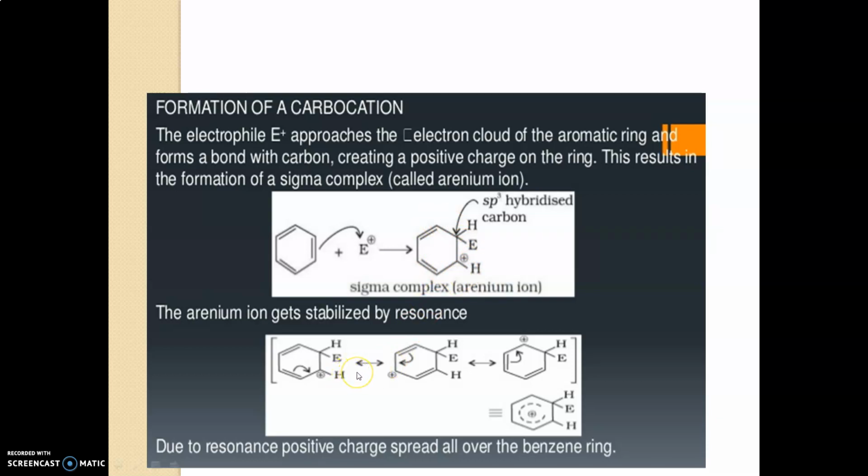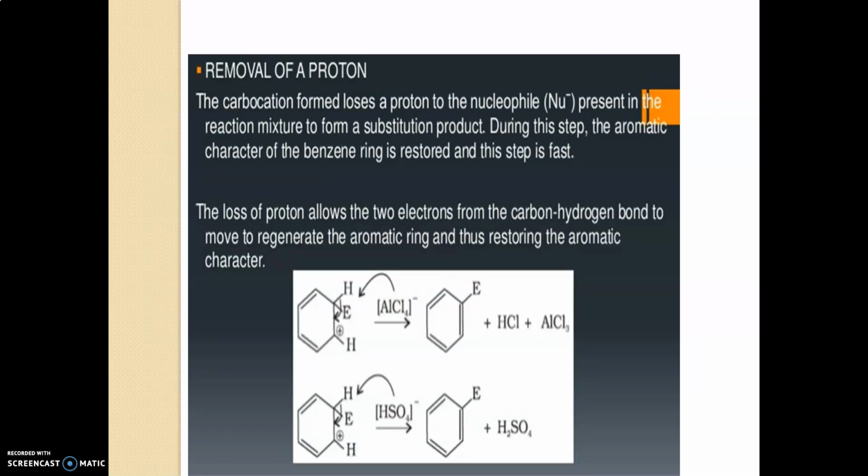Then what will happen? It is stabilized. We know the benzene ring has the property of stabilization by resonance. If there is a positive charge, the electrons will be attracted here, then the bond will shift, then the charge will shift here. Movement like this will show many resonance structures, so the positive charge spreads all over the compound.